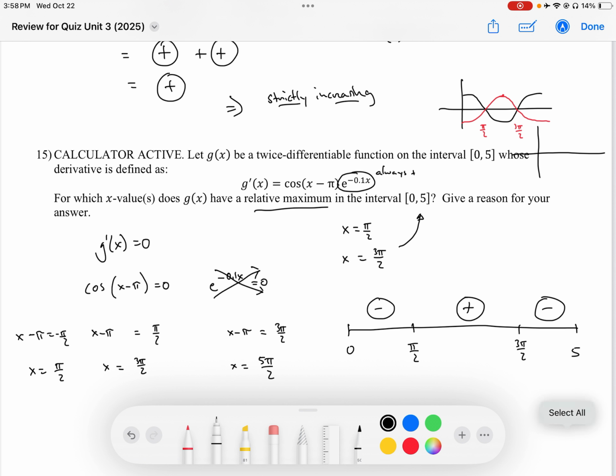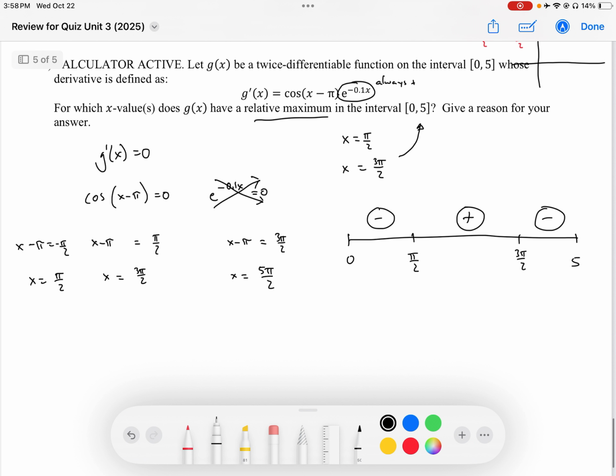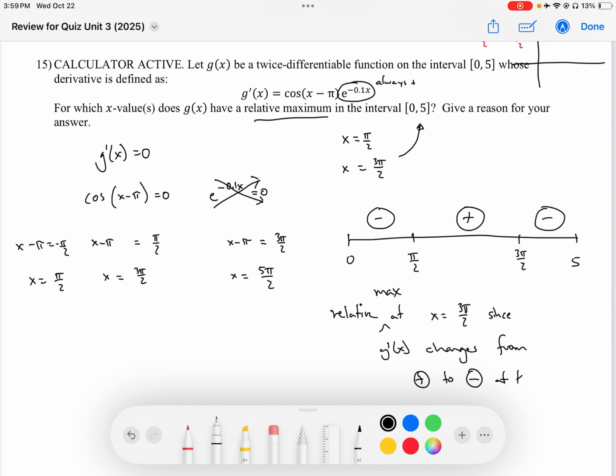Okay, so I think at this point I should be able to say that there's a relative max at x equals 3 pi halves. And that's because g prime of x changes from positive to negative at that point.